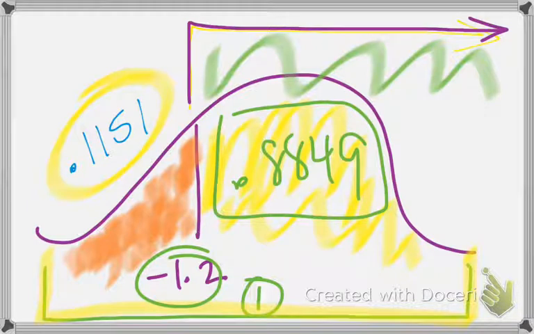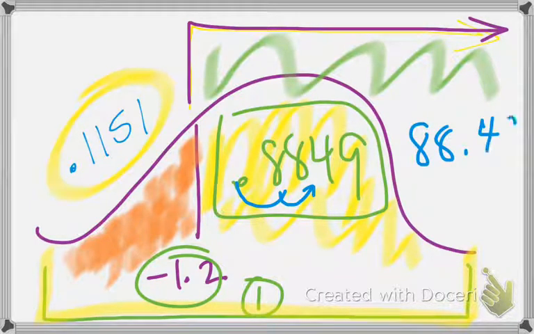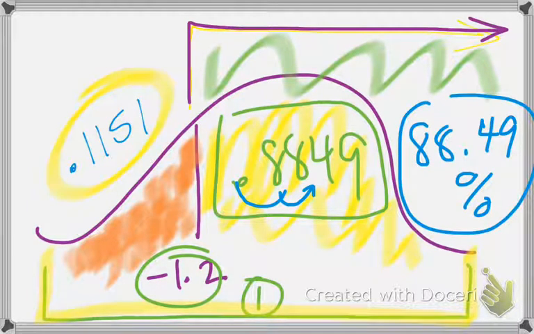Now, it asks us for a percent, and right now we have a decimal. So to turn a decimal into a percent, remember you take that decimal point and you move it 2 places to the right. So that means our final answer that they're asking us for is 88.49%.